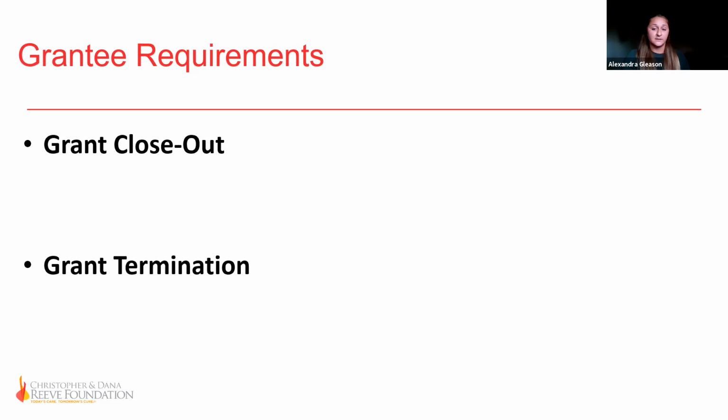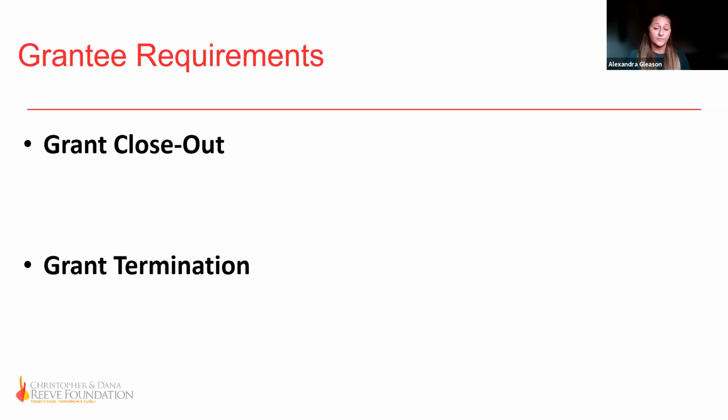And if for any reason there is grant termination, the foundation does reserve the right to terminate a grant if the project or program is no longer within Reeve Foundation funding parameters, or for failure to comply with the terms and conditions of the award as stipulated in the grant award letter. If the grant is terminated, the grantee must provide the Reeve Foundation with a complete and detailed reporting of funds that have already been expended.